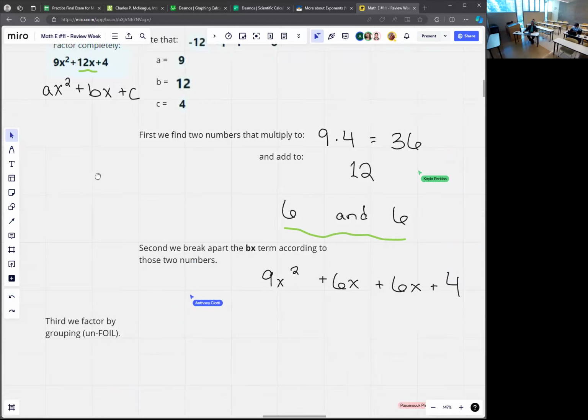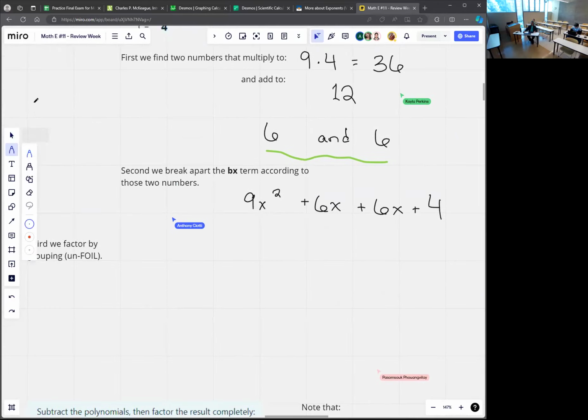So how do we factor by grouping for this one? We have, again, the first two things and the last two things. What would you do?